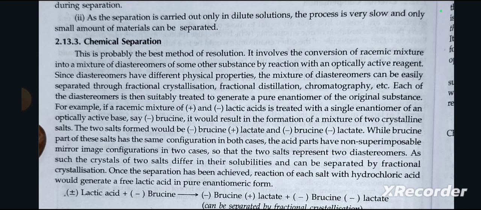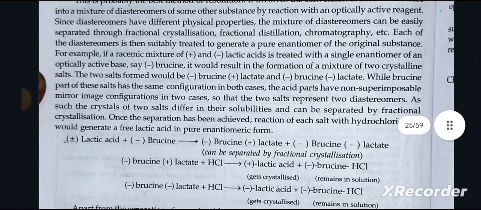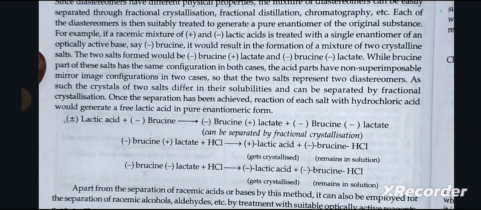For example, if a racemic mixture of plus and minus lactic acids is treated with a single enantiomer of an optically active base, say minus brucine, it would result in the formation of a mixture of two crystalline salts. The two salts formed would be minus brucine plus lactate and minus brucine minus lactate. While the brucine parts of these salts have the same configuration in both cases, the acid parts have non-superimposable mirror image configurations in the two cases, so that the two salts represent two diastereomers.